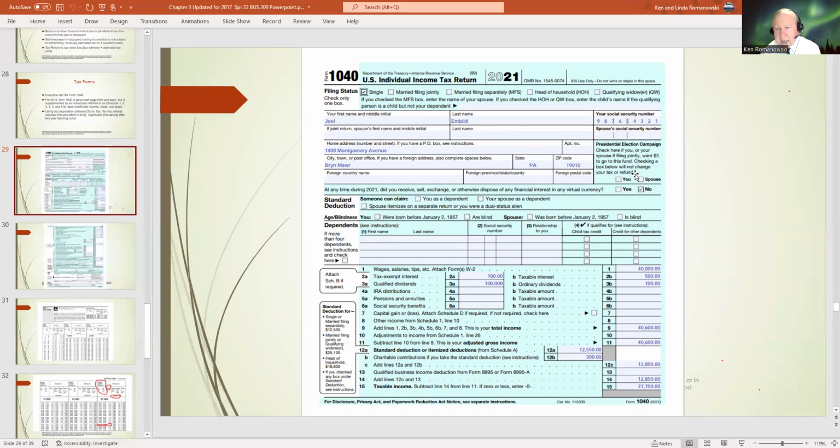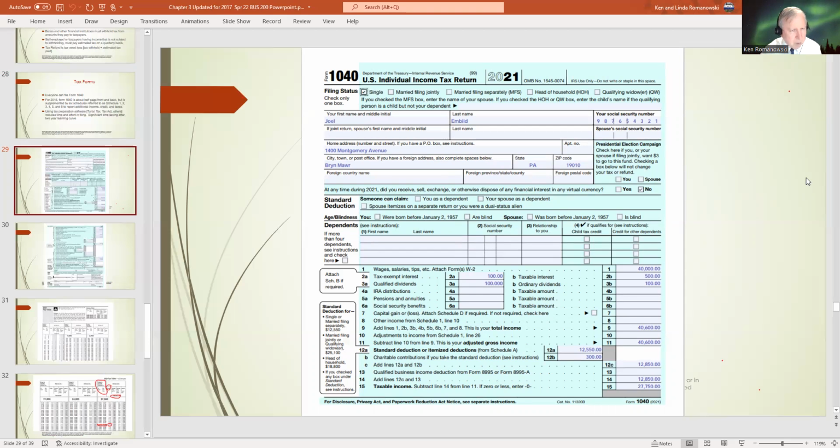If you wish to take some of the money that you are paying in taxes and have that money go to the presidential election campaign, you can check off this box right here. Notice though, Joel did not do that, but that's his decision, whatever he wishes to do. And you'll also look on these forms for questions, because if you answer a certain way, it might require another form.